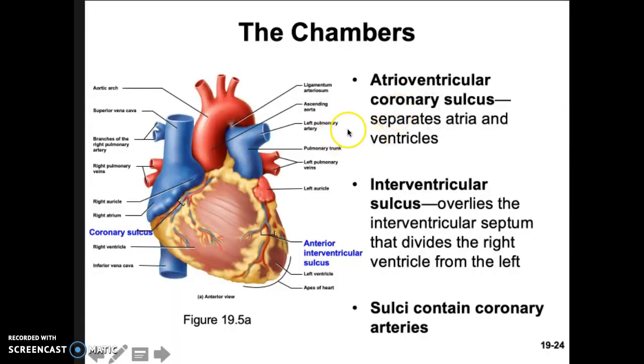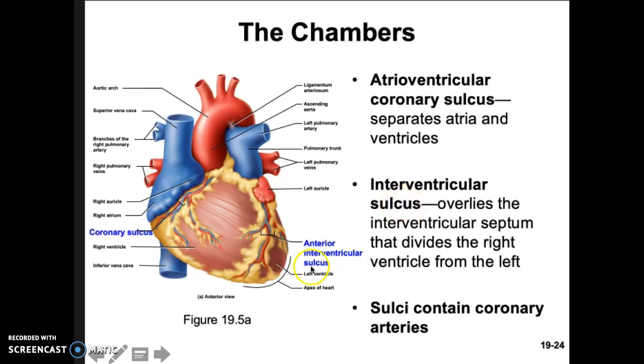The chambers of the heart are bounded by grooves known as sulci, of which there are three. An anterior view of the heart shows the atrioventricular coronary sulcus, which separates atria and ventricles.